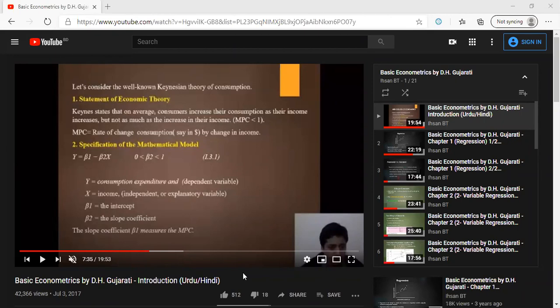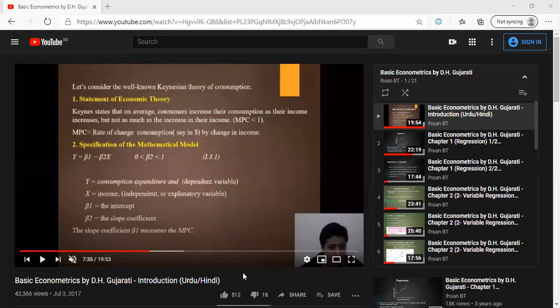What is dy/dx here? Beta 2. Is there a minus? No. In the screen, I can see minus. Beta 1 plus beta 2X.